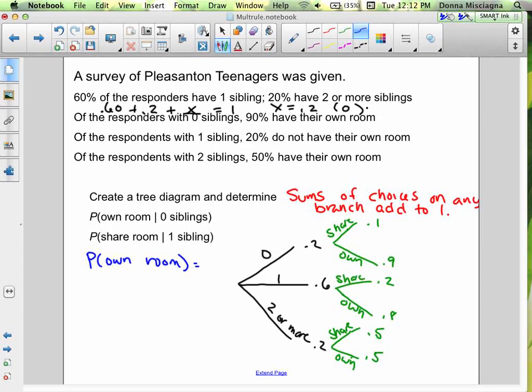In the other ones we were looking at the probability of the first given the second. This one is the probability of the second given the first. So you're only going to look at the 0 siblings path, and not include the others, because this is a conditional probability.